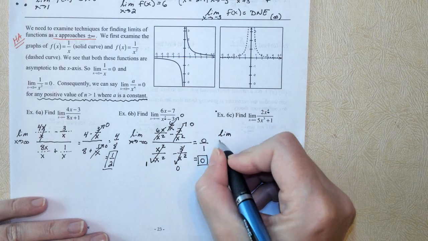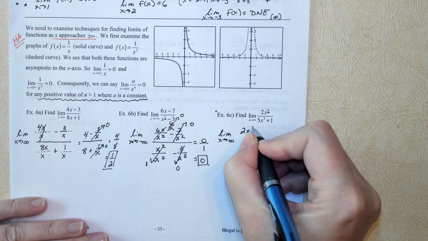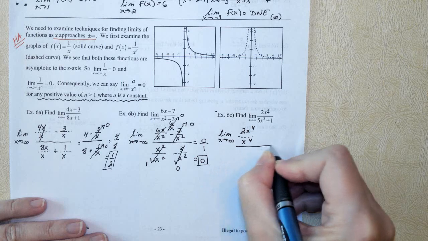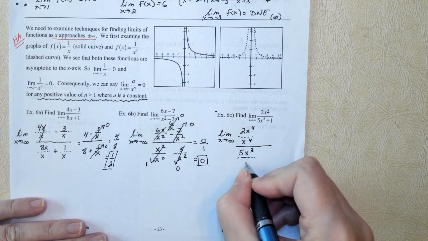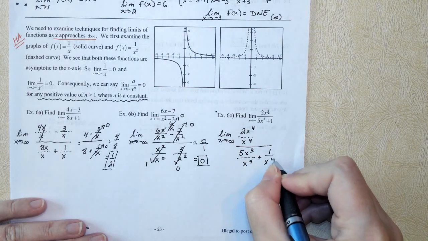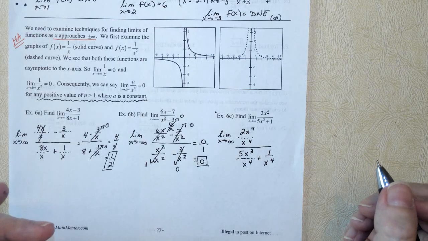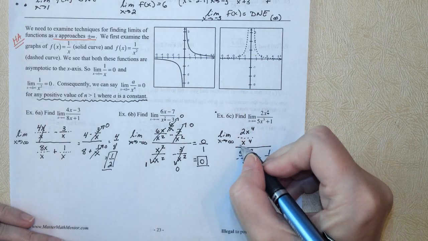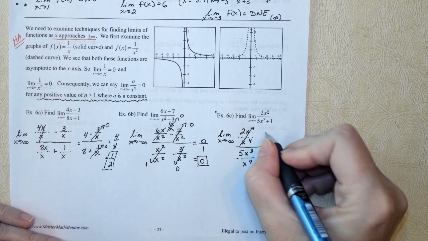So I write the limit as x approaches infinity of 2x to the fourth over x to the fourth, and then 5x cubed over x to the fourth plus 1 over x to the fourth. Now, this is pretty nice because this guy is going to disappear. So that becomes 2.